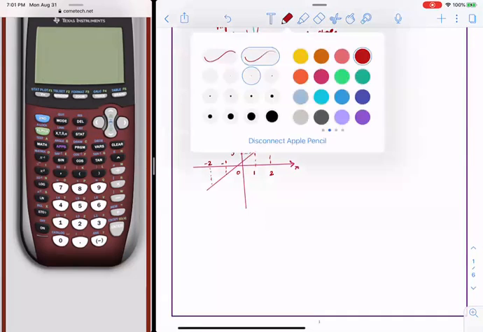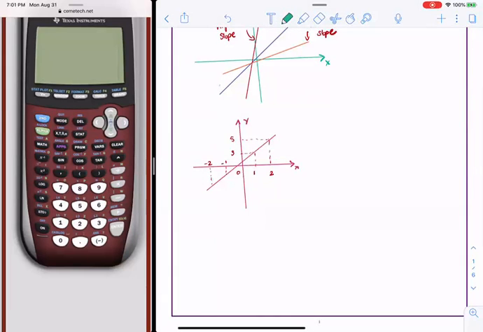So when x was -2, the value of y was right there. When x is -1, the value of y is right there. When x is 0, the value of y is right there. When x is 1, it is at 3. And when x is 2, it is at 5.